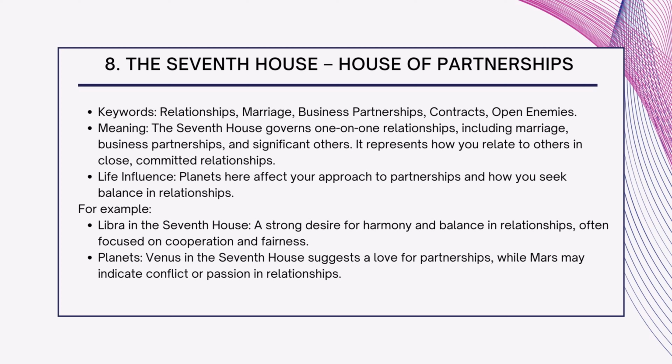Planets here affect your approach to partnerships and how you seek balance in relationships. For example, Libra in the 7th house, a strong desire for harmony and balance in relationships, often focused on cooperation and fairness. Planets. Venus in the 7th house suggests a love for partnerships, while Mars may indicate conflict or passion in relationships.